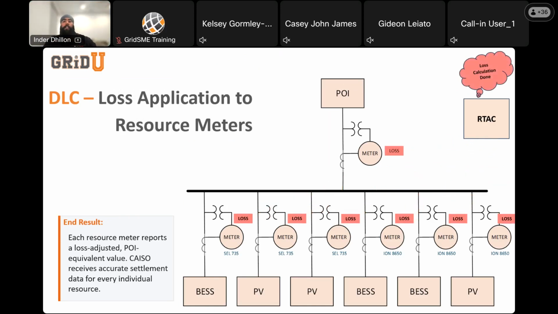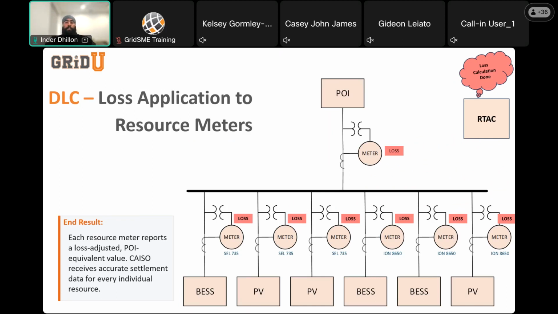The meter uses this information to adjust its reported kW and kVAR readings so that the value it ultimately submits for settlement reflects the resource's proportional share of delivered energy at the POI. And this is the final step in the DLC cycle and produces the same end result as peer-to-peer metering, accurate per-resource POI-equivalent data, but through a centralized rather than peer-to-peer approach.